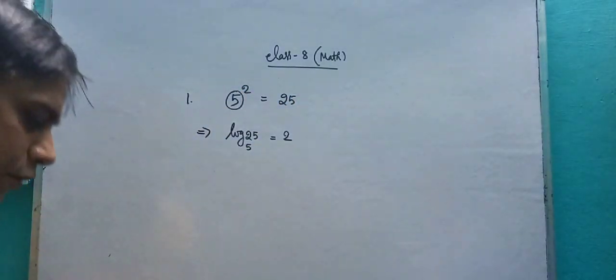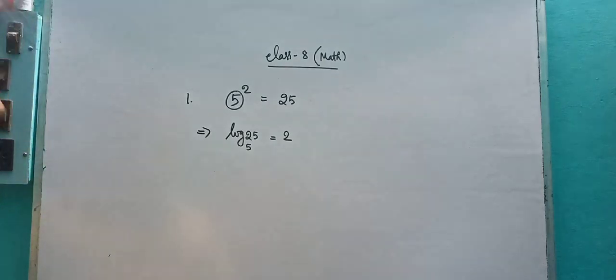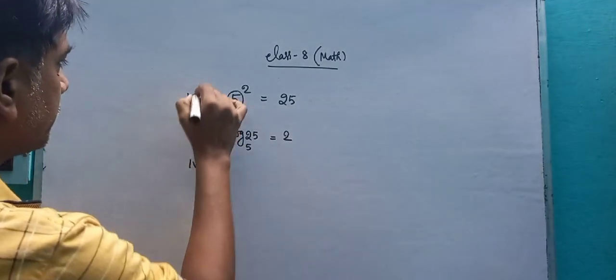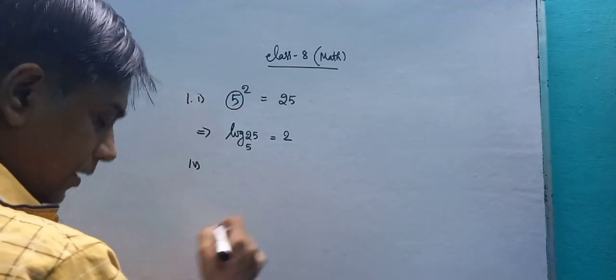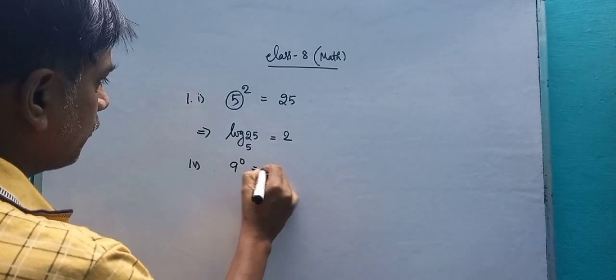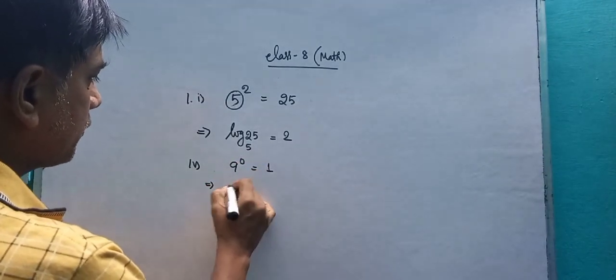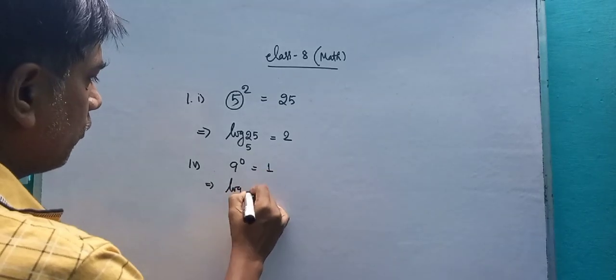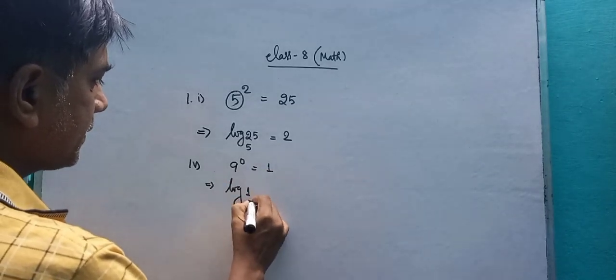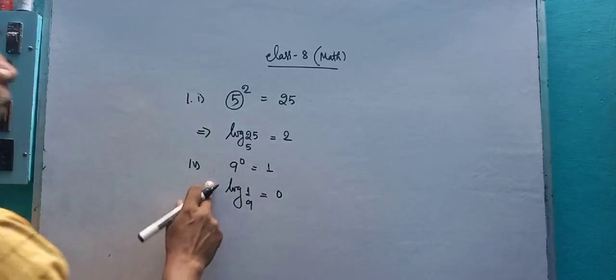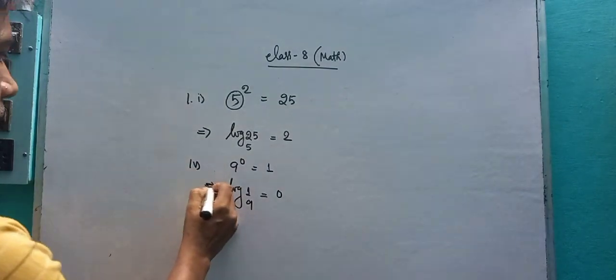And suppose question number 4, 9 to the power 0 is 1. That means log 1 with base 9 is 0.